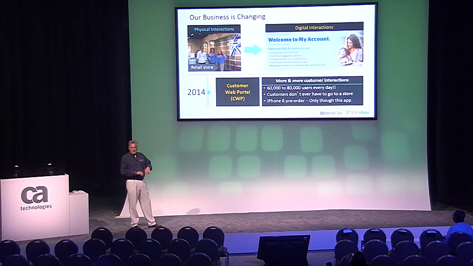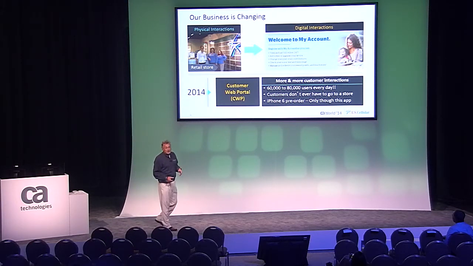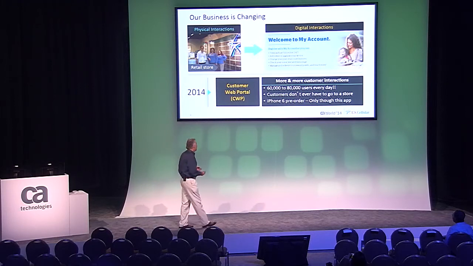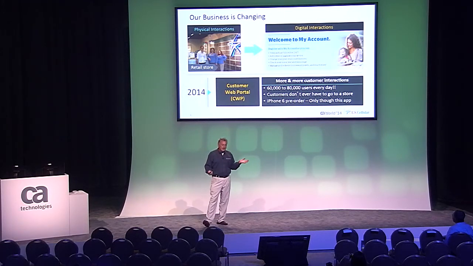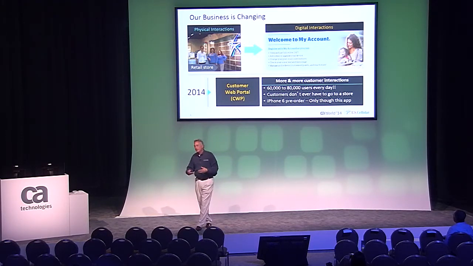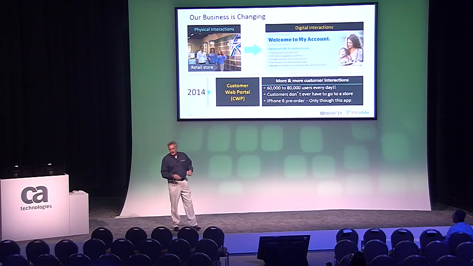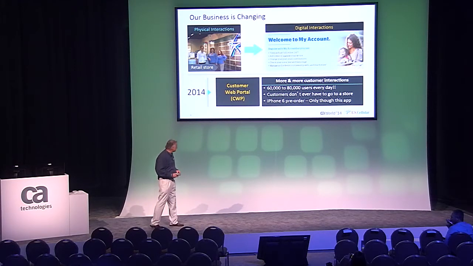We drive about 80,000 customers a day to our web portal, so it's become really important to us. You also can redeem, and it's actually the only way you can redeem, loyalty rewards. We have a loyalty program where you can apply it for things like overage forgiveness and things like that.